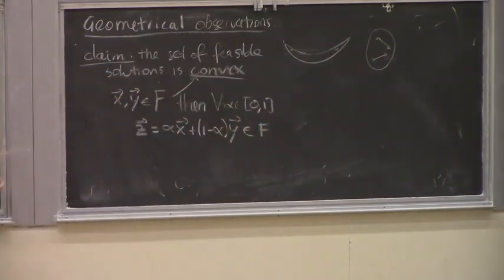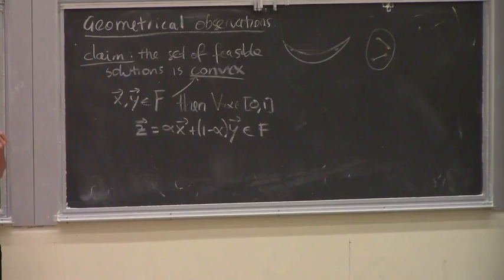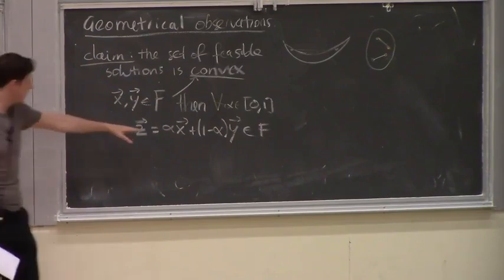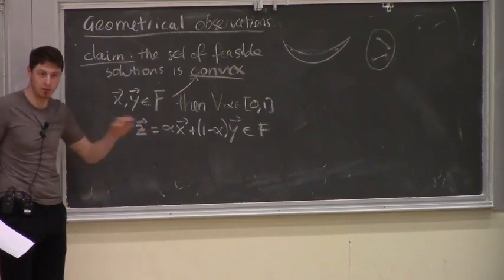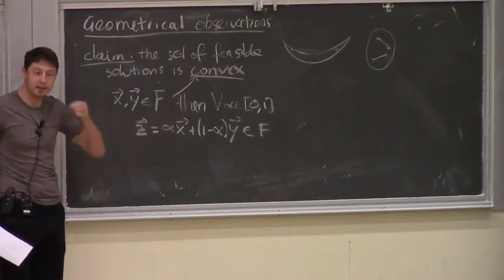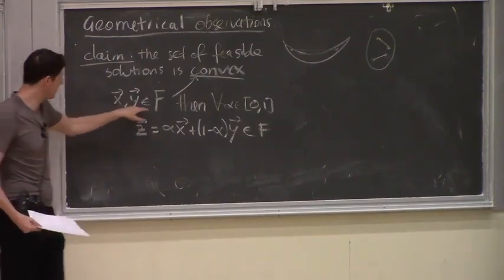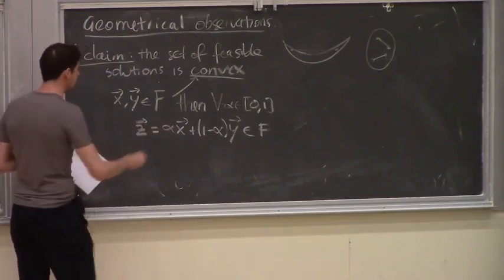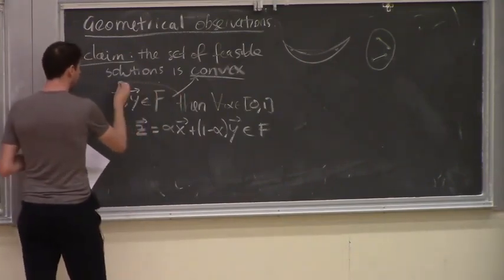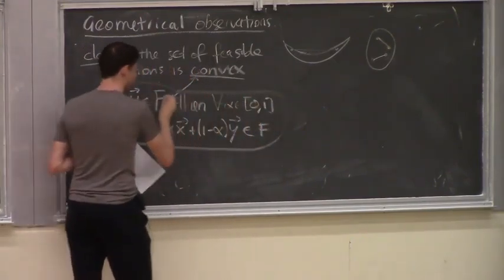We want to prove that if I have any two feasible points, and I take this linear combination where alpha is between 0 and 1, which means I go somewhere between them, I still have a feasible point. X and y are feasible, then any z between them is also feasible. This is what arguing that the set of feasible solutions is convex means.